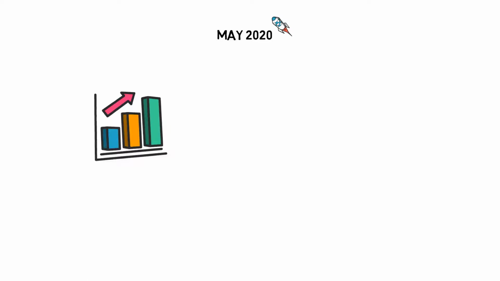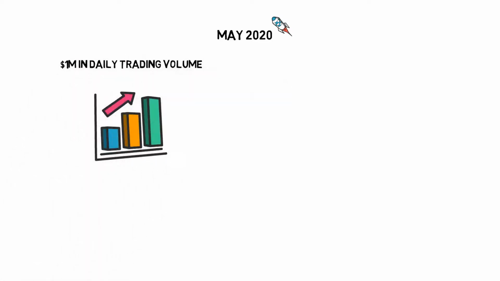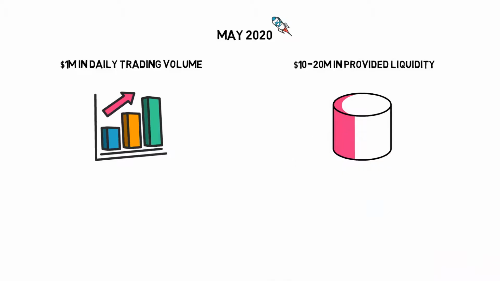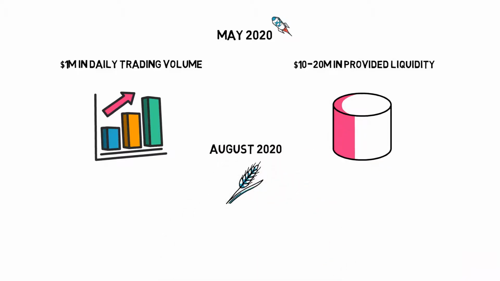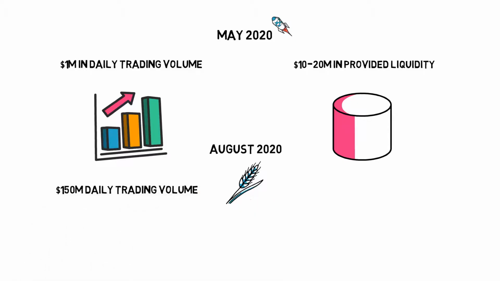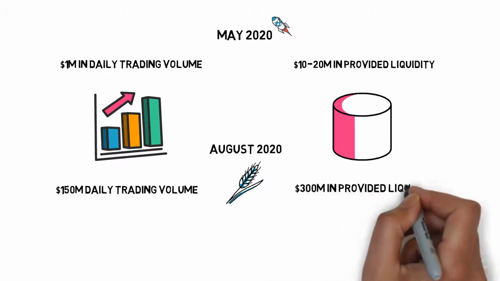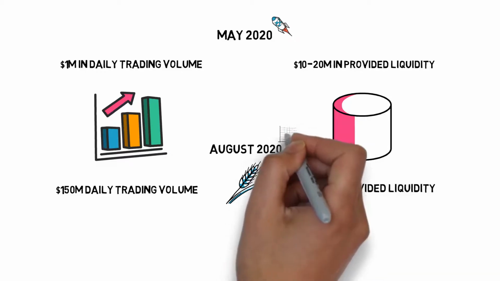It was not unusual anymore to see over $1 million in daily volume and around $10 to $20 million in provided liquidity. In August, with all the yield farming craze going on, we are looking at around $150 million in daily volume and around $300 million in provided liquidity, a truly exponential growth.